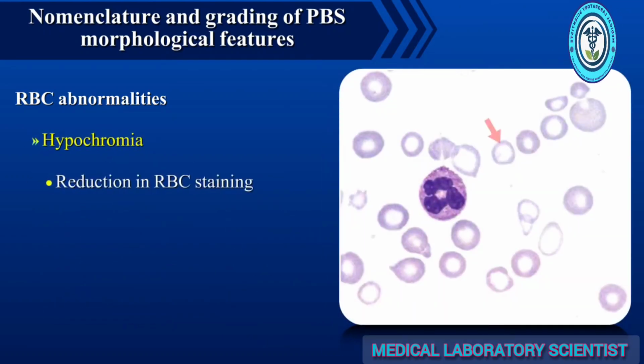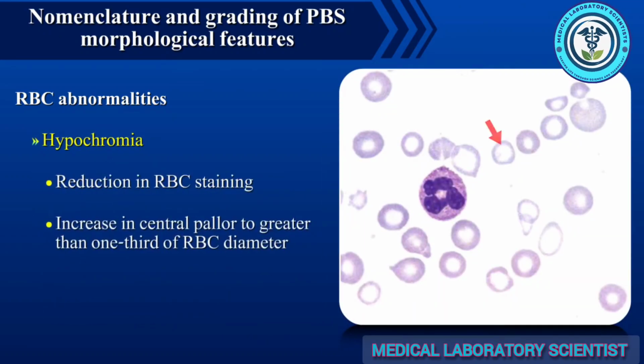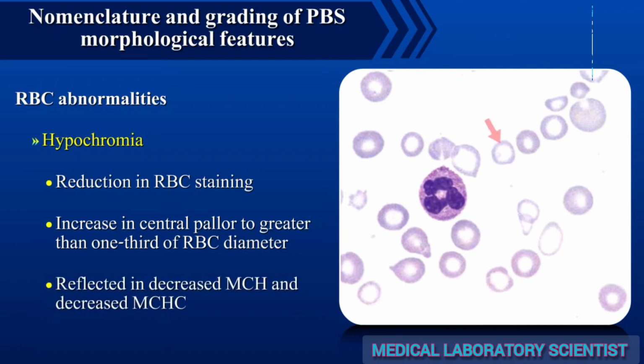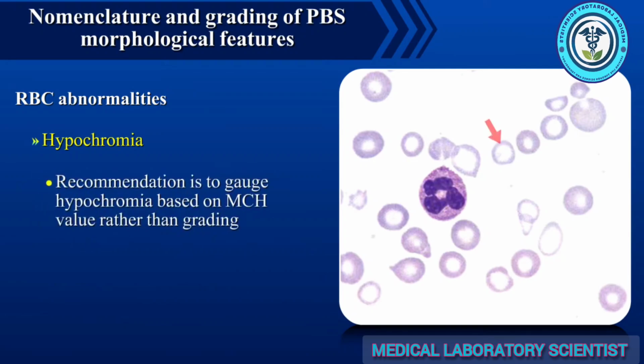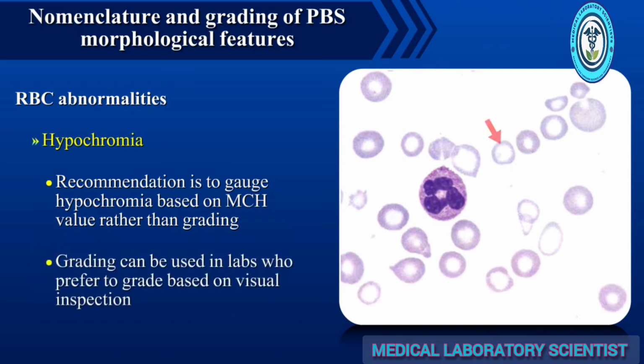Hypochromia is the reduction in RBC staining with an increase in central pallor to greater than one-third of RBC diameter, reflected in decreased MCH and decreased MCHC. The recommendation is to gauge hypochromia based on MCH value rather than grading, but grading can be used in labs who prefer to grade based on visual inspection.